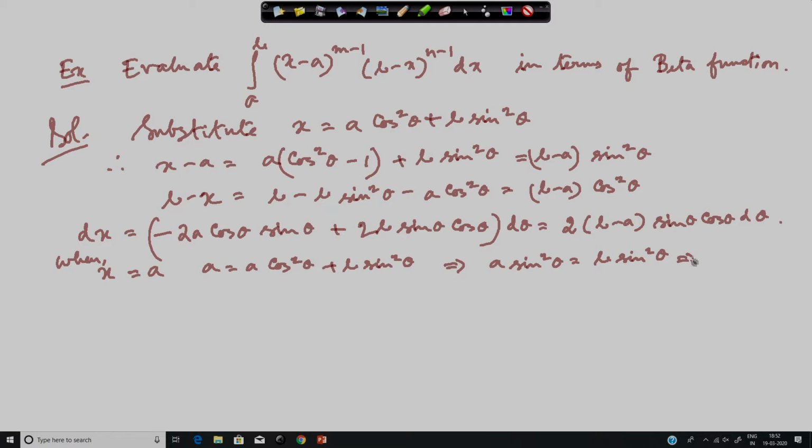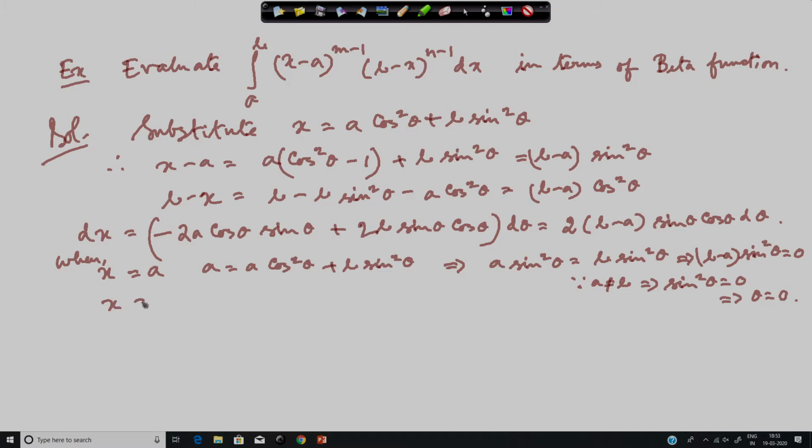This implies (b minus a) sin square theta equal to 0, but a and b are the limits, therefore a not equal to b, sin square theta equal to 0. So, we shall take theta equal to 0.